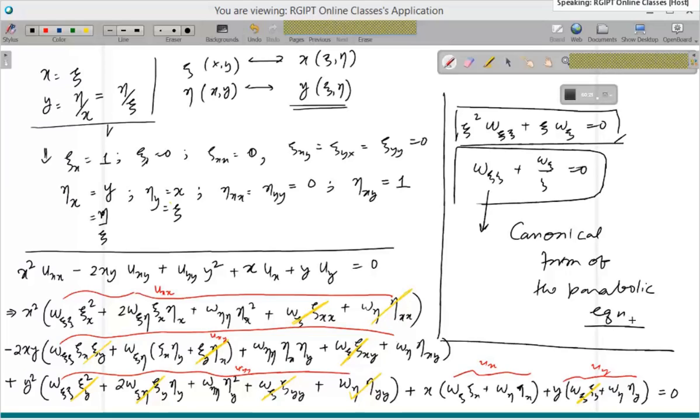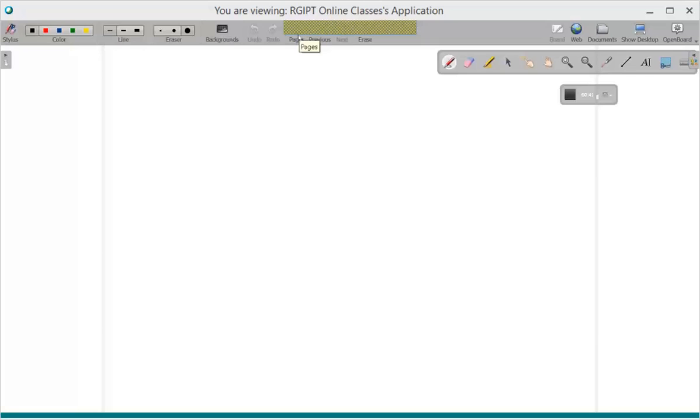Okay, so you have now the hyperbolic canonical form, parabolic canonical form, and the last one is the elliptic case. I'm not going to again derive everything. So let me just state it. So we had hyperbolic equation, which is b square minus ac is positive.